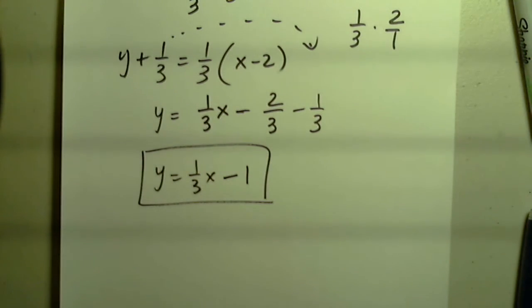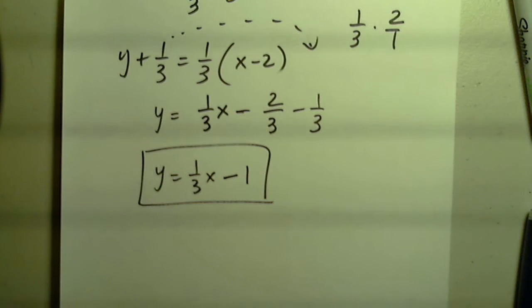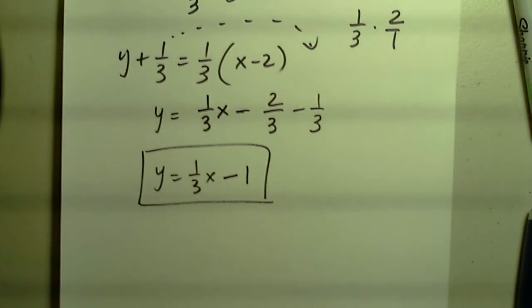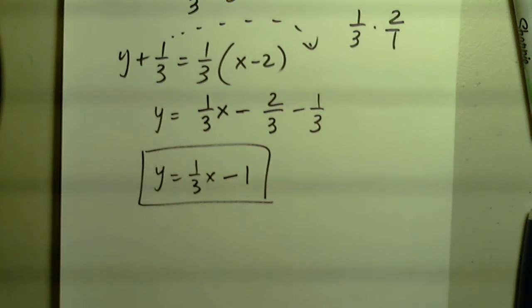How did you subtract? You had negative 2/3 minus 1/3. How did you get the -1 for b? Because the least common denominator is 3, it's the same, and -2 minus 1 is -3, and -3 divided by 3 is -1. Is that okay?